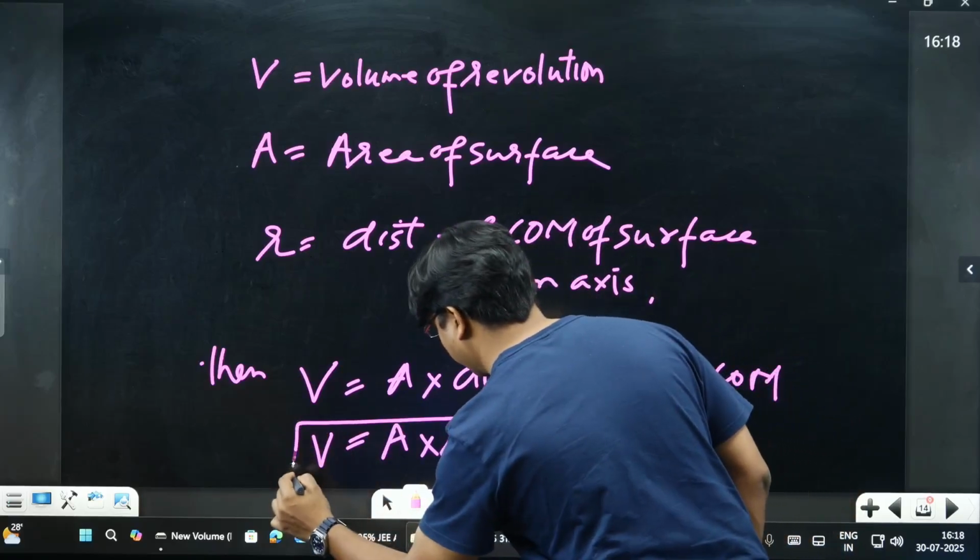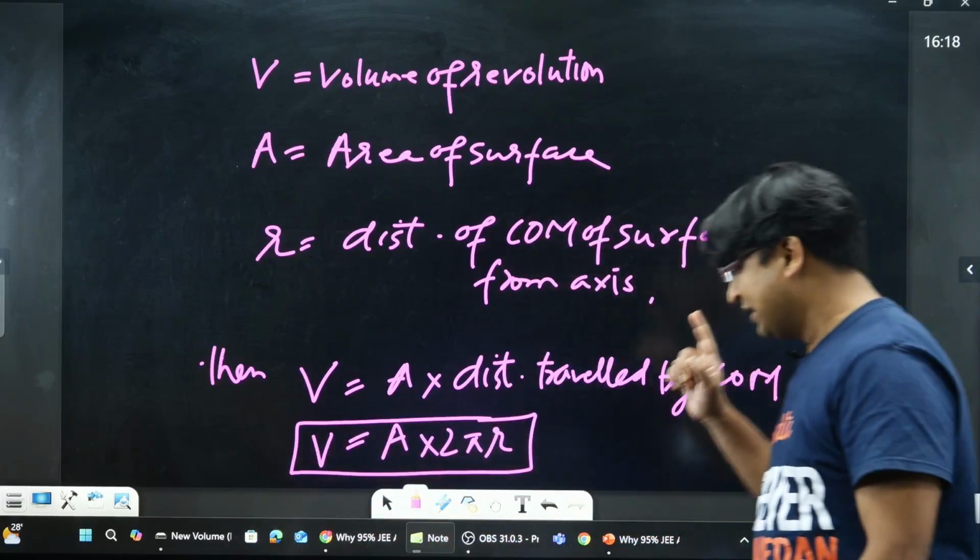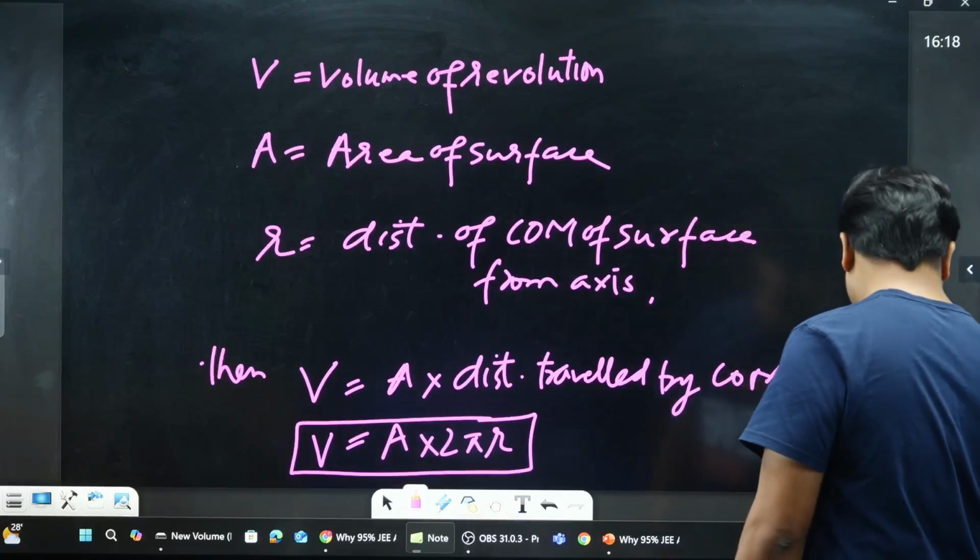So this is Pappus theorem for a surface. Okay, let's see an example.